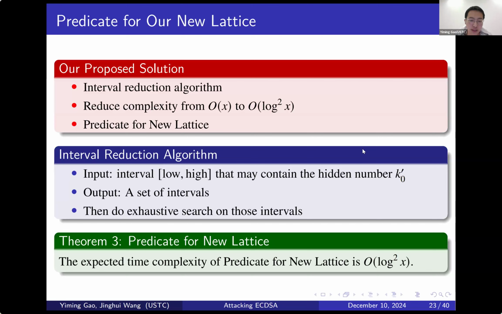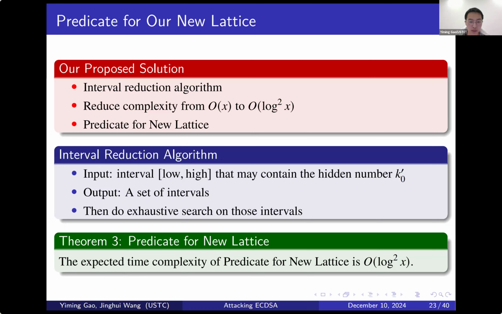To address this issue, we propose an interval reduction algorithm to reduce the complexity from big O of x to big O of log squared x, and design the predicate of the new lattice. The input of the interval reduction algorithm is an interval that may contain the hidden number, and it outputs a set of intervals. Then we do exhaustive search on those remaining intervals.